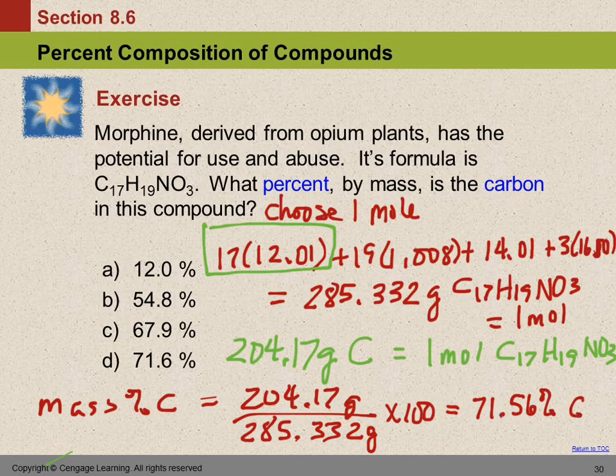That gives 71.56% carbon. Which of those is the best answer? D.